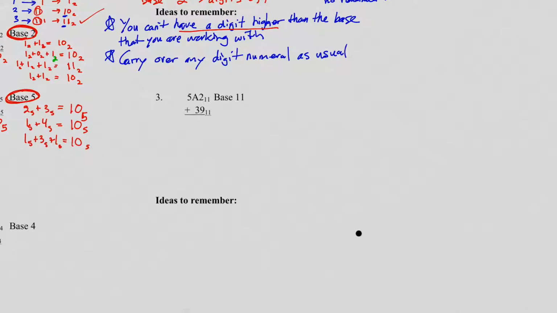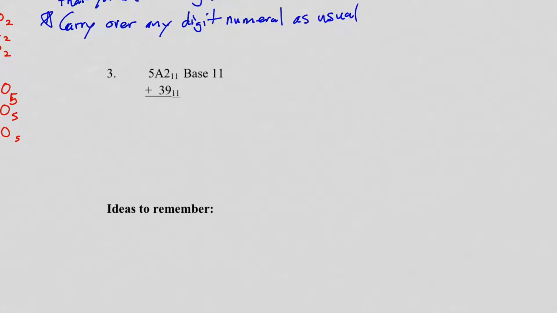Okay, so let's take a look at base 11. Base 11 is a 2-digit base, so we only have digits 0 through 9 to represent it, and once we get to 10, we have to put A. That A right there that you're seeing is actually a 10 in our system.